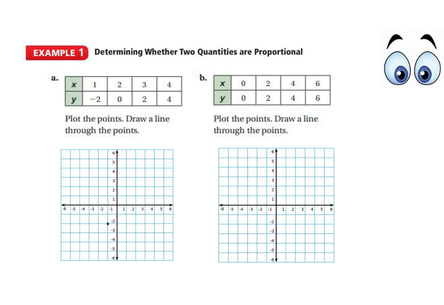We'll go 2 to the right and 0 up. 3 to the right and 2 up. 4 to the right and 4 up. So there's our graph.